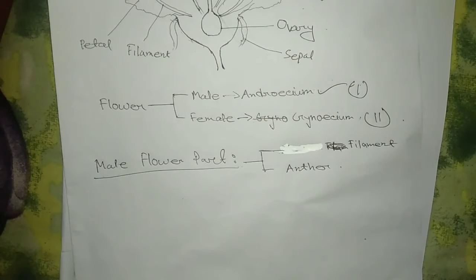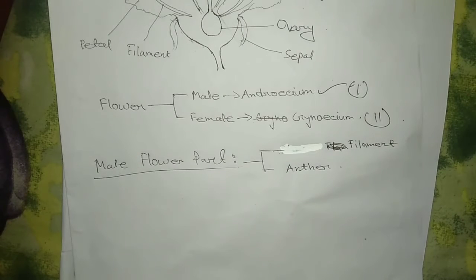The male part of a flower has two parts, filament and anther. The long, slender, stalk part is called the filament, and the head of the filament is the anther.